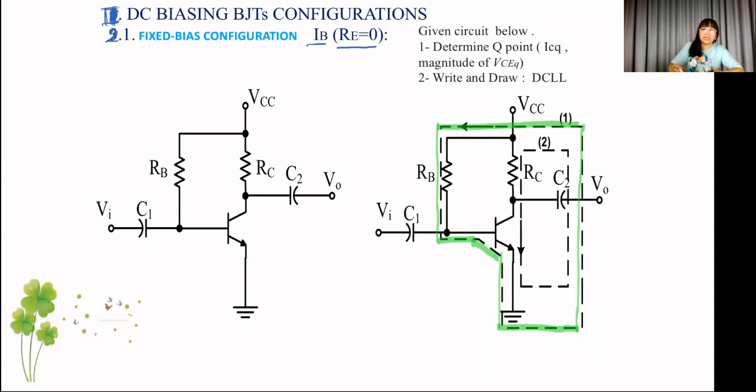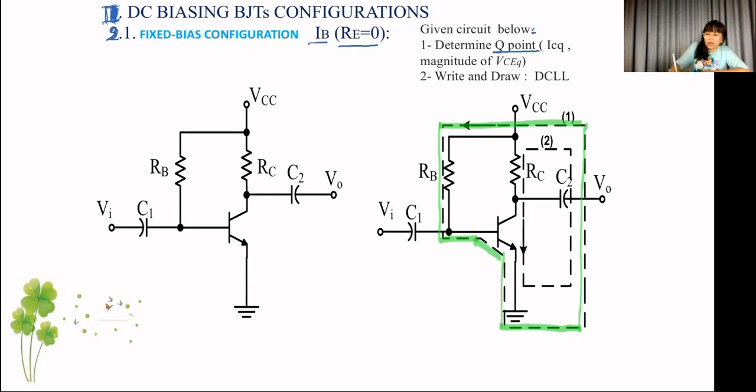Given the circuit below, the one exercise on the testing. What is the biasing? Biasing means determine the Q point. We don't know about the Q point.